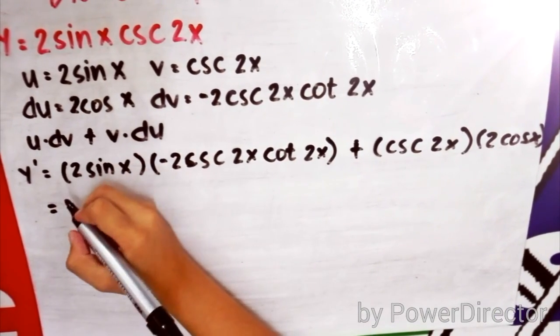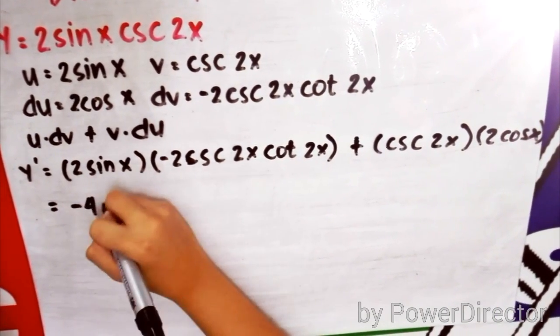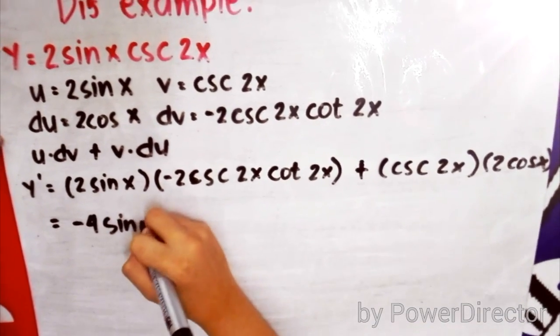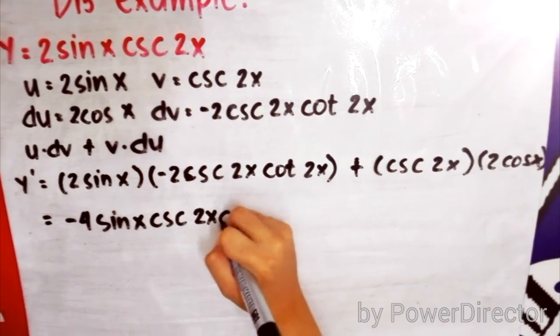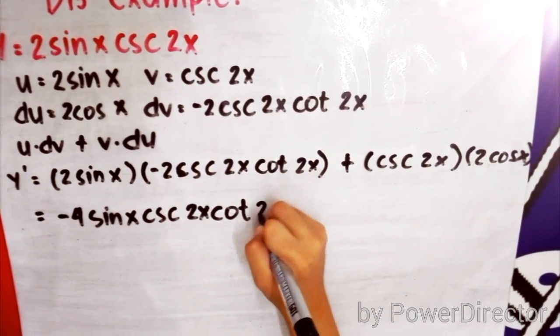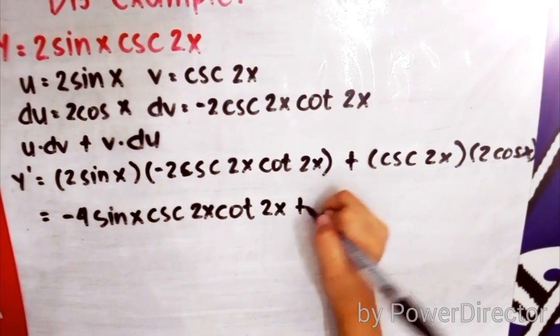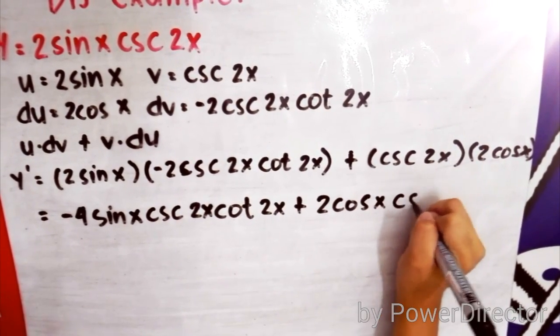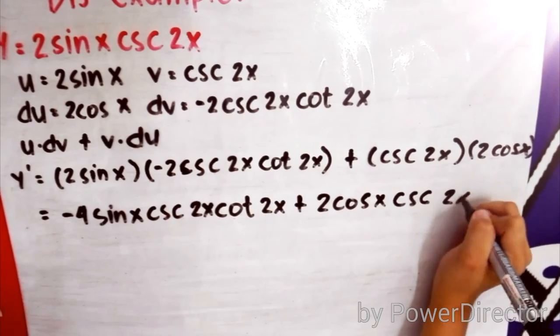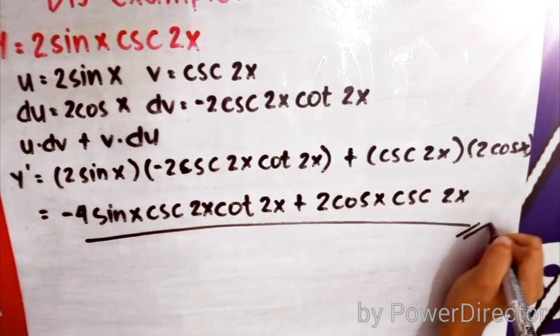Then solve. We will have negative 4 sine x cosecant 2x cotangent 2x, plus 2 cosine x cosecant 2x. And that will be the final answer.